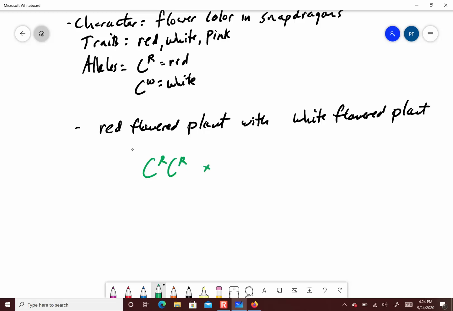And the only way to get white is if we have two CWs. Right, so there's not an allele for pink, but genotypes, there's one for everything. CR CR is the only thing that can be red. CW CW is the only thing that can be white. And then if we see one of each, CR CW, that's a genotype that gives us pink.